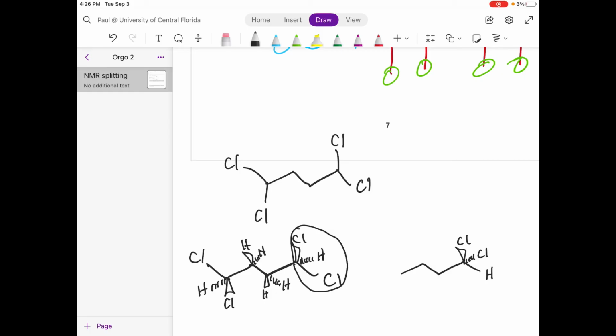And then I'll do the same thing on the other side. I will put the hydrogen here and then the 2 chlorines right there. 1, 2, 3, 4, 1, 2, 3, making sure I have the proper carbon count there. Okay.